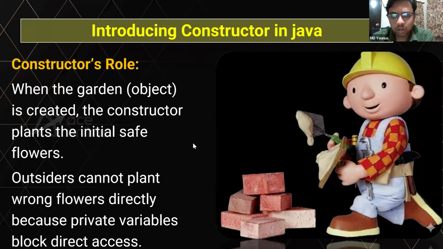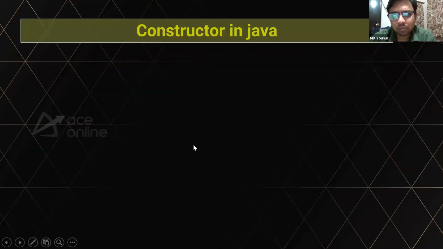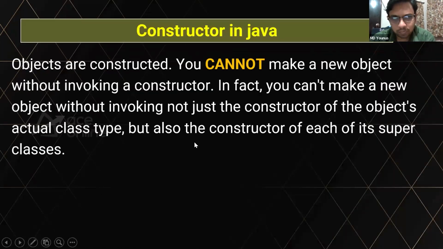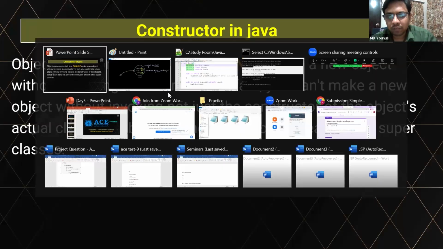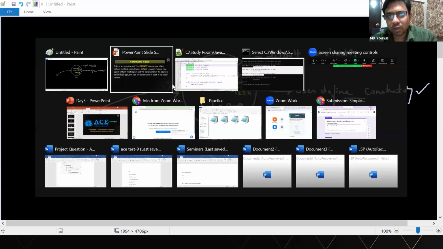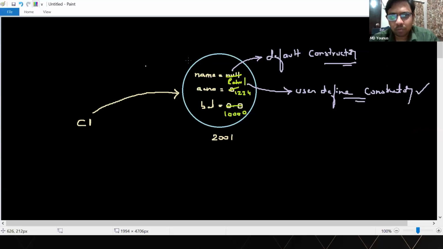Okay, now let's try to understand what a constructor is in Java. Basically, objects are constructed. You cannot make a new object without invoking a constructor, right? So how do we invoke the constructor?